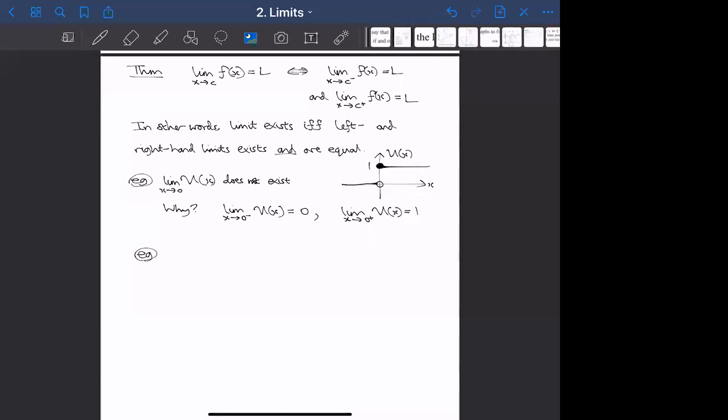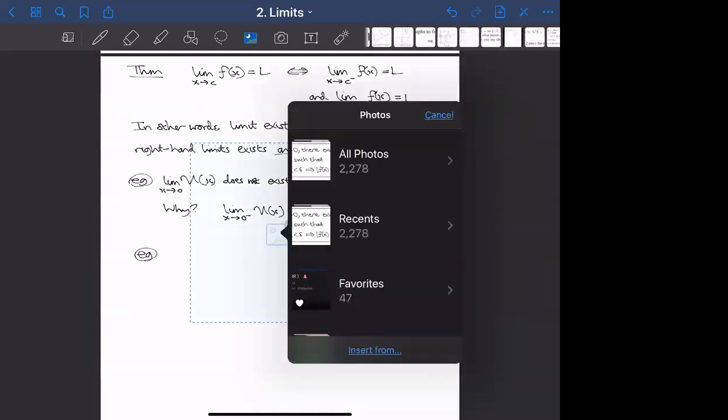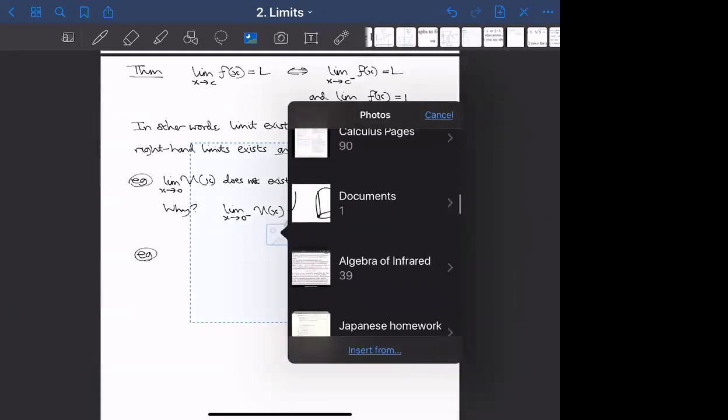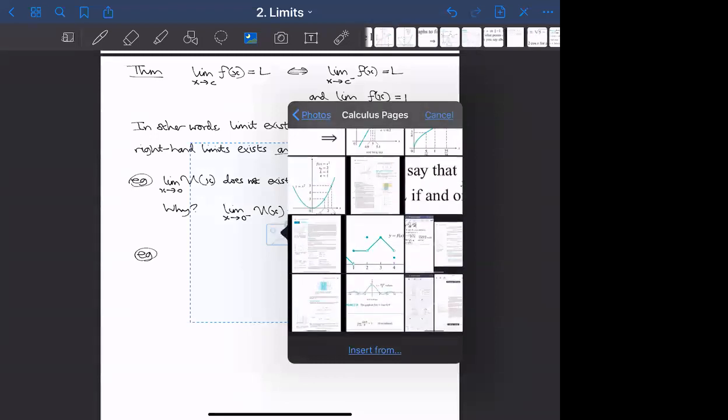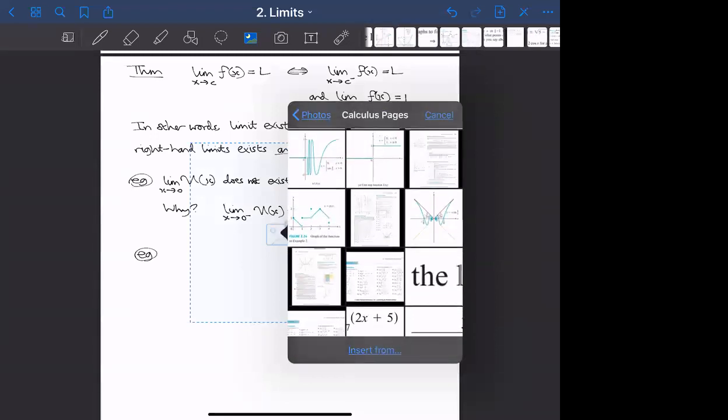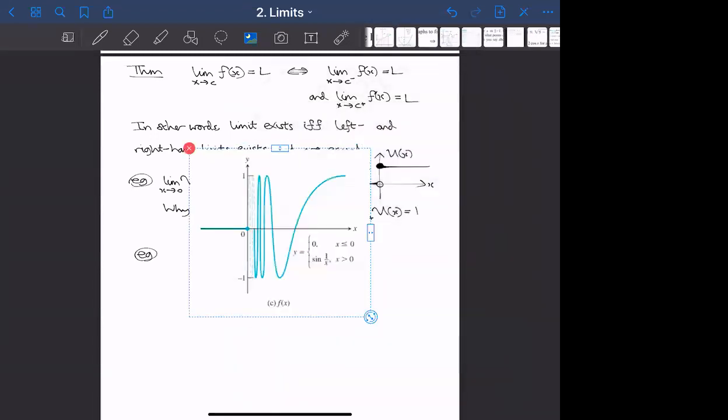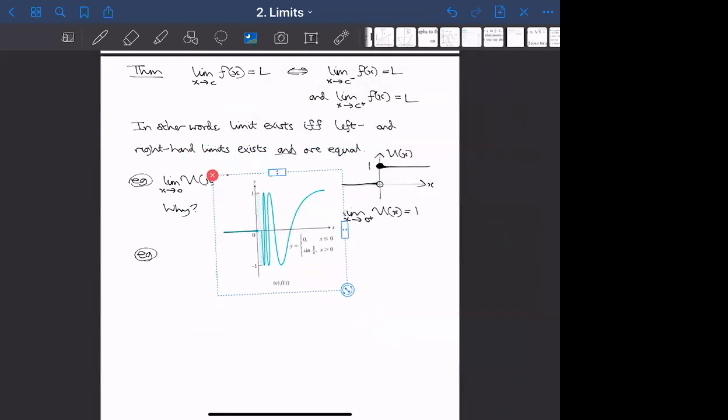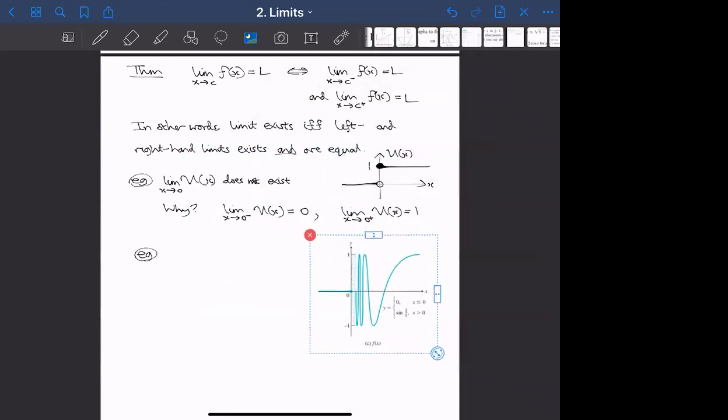So let me try to find the graph of the sine 1 over x function that we considered last time. Here we are. So this graph from last time.